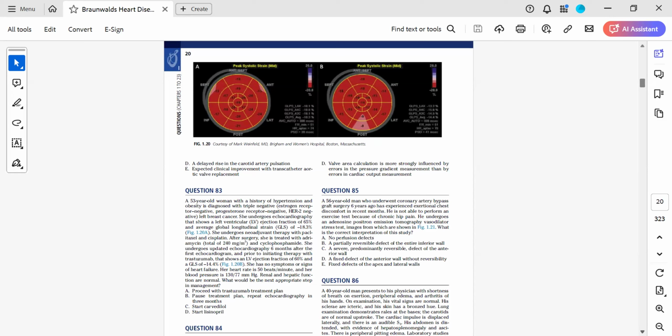Type 1 is when cardiotoxicity occurs by cardiac myocyte death, either by necrosis or apoptosis, and is said to be irreversible. Whereas type 2 is cardiac myocyte dysfunction, which may be reversible if noted early.